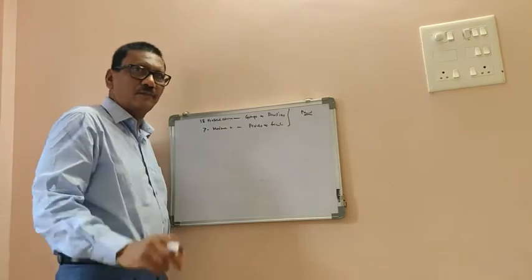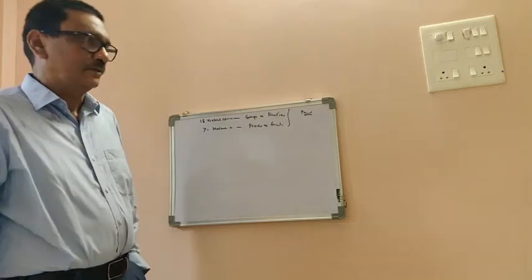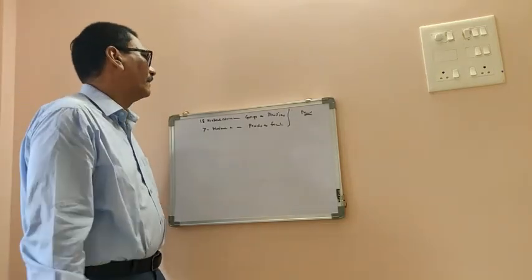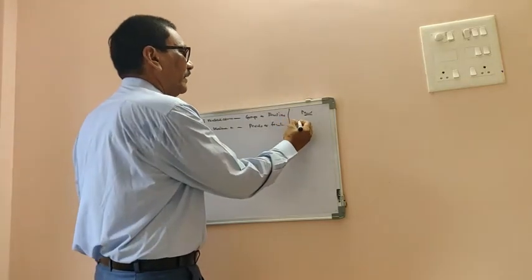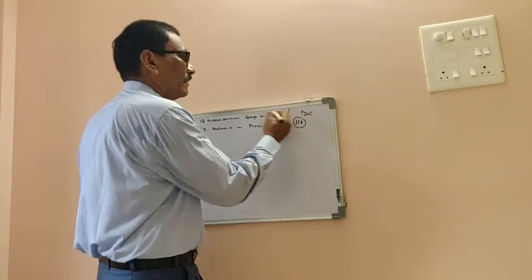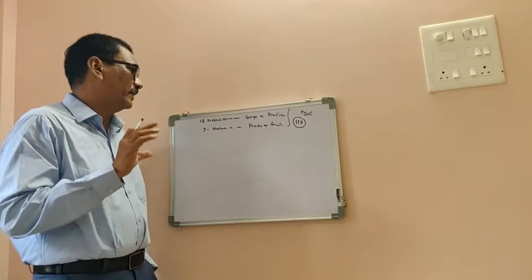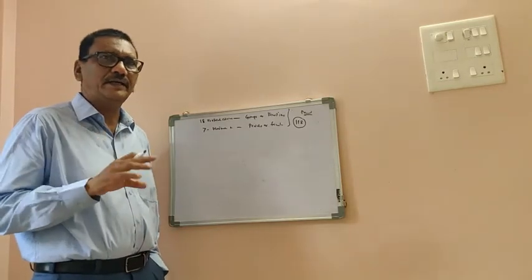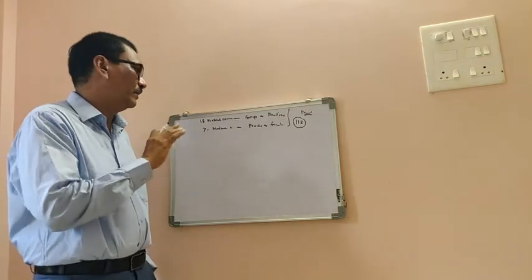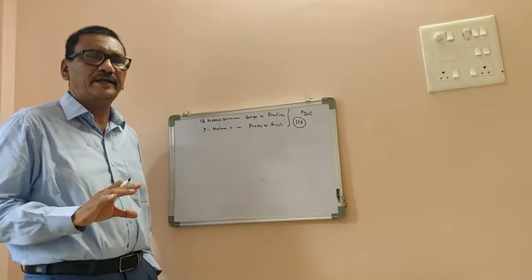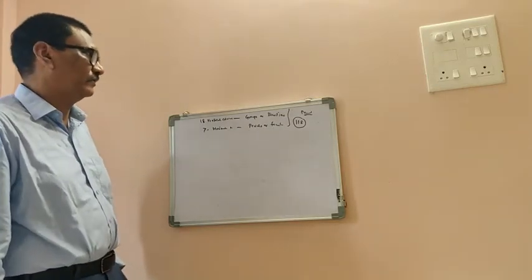Can anybody tell? Very good. Someone has said there are 180 elements. So nowadays, in the periodic table, total 180 elements are there, and they are arranged in a particular group and period as per their physical and chemical properties.